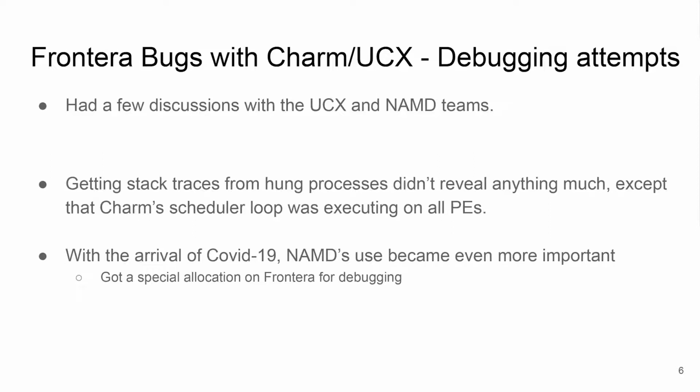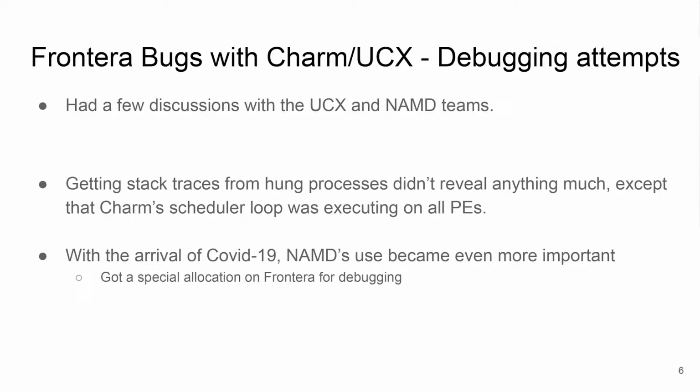Since Charm has a scheduler that runs on every PE, if there are no messages, it's just an idle loop that keeps running. So this pointed to us that there's probably an issue with delivery of messages. That is, it's possible that there are some messages that are undelivered, and those are not allowing the application state to move forward, and that's why the hang could possibly be occurring.